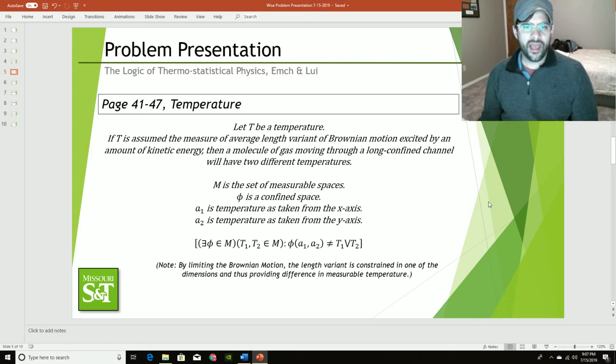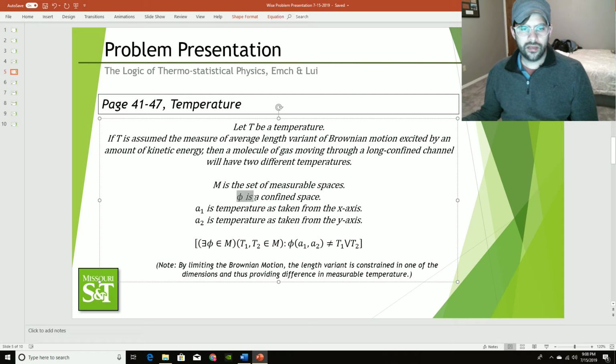Then a molecule of gas moving through a long confined channel will actually exhibit two different temperatures. That's very strange to think about, but here is the logic behind that. Let M be the set of measurable spaces, whether that is a length or a dimension. In this example I'm doing X and Y. I left the third axis out, but it works for this.